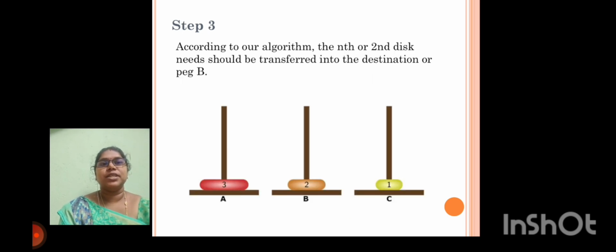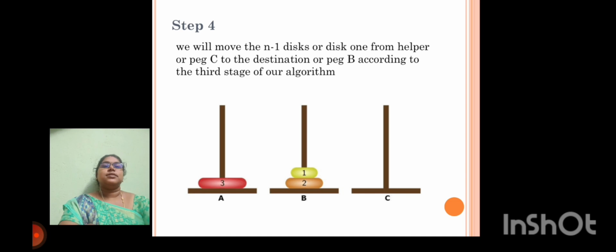In step 3, we are moving the next disk from A to B. Now there is only one disk in peg A. In step 4, we are moving the smaller disk from C to B. Now the destination peg is free, so we can move the disk from A to C directly.